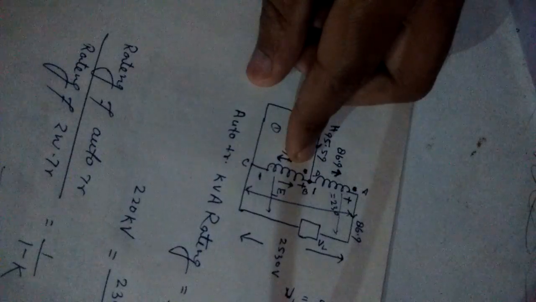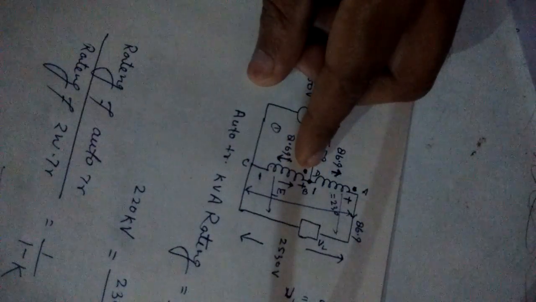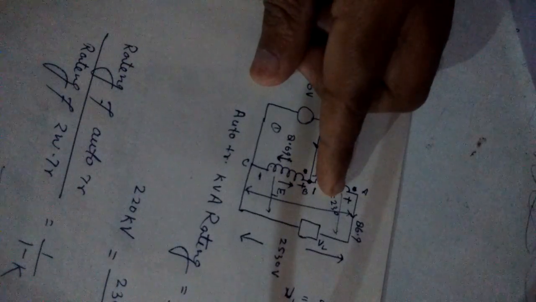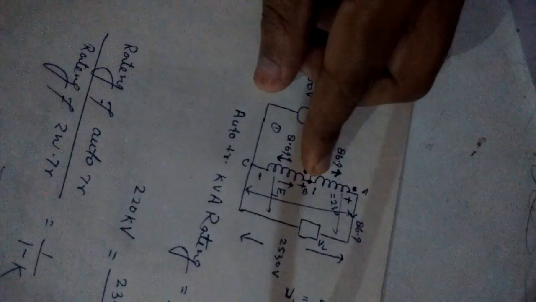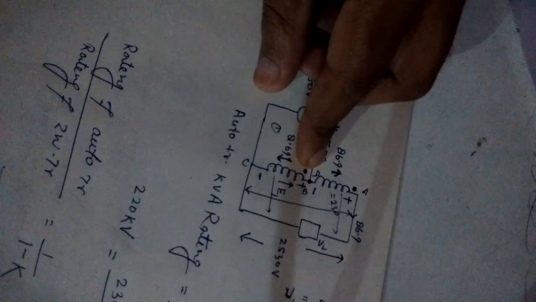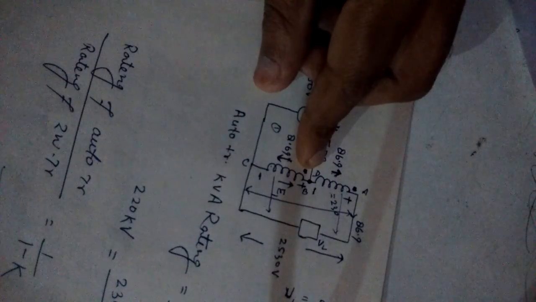If you want to calculate the transformed mode, then this winding gives the transformed mode power. In this, the voltage is 230 volt and the current is 86.9. You have to multiply voltage and current and divide by 1000. So the voltage is 230 volt and the current is 86.9, and divided by 1000 you will get 20 kVA.